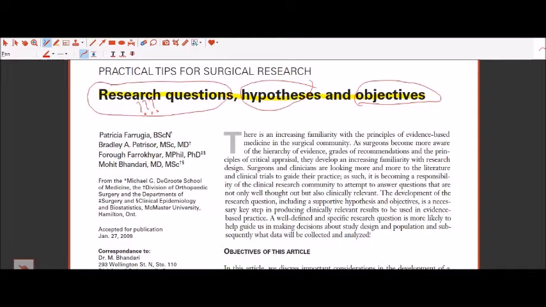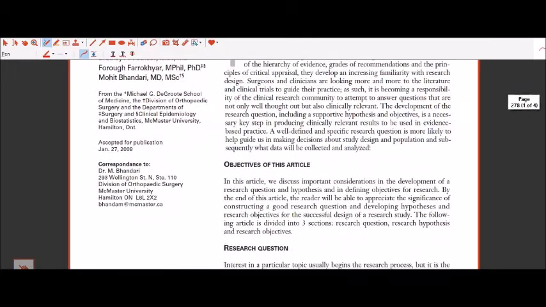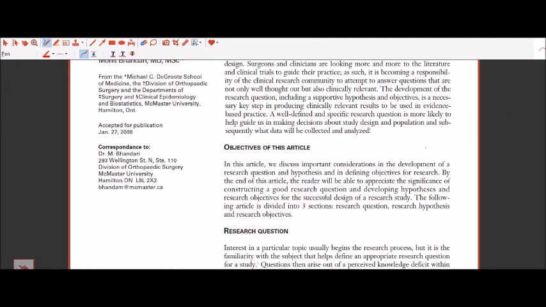Though this is coming from the surgical research area, it is always good to understand how the development of a research question has taken place, and then go ahead in defining your own objectives for the research and the hypotheses.